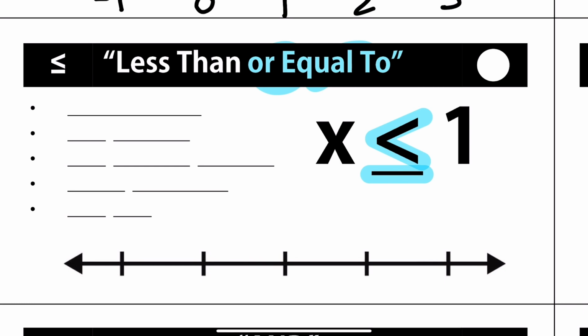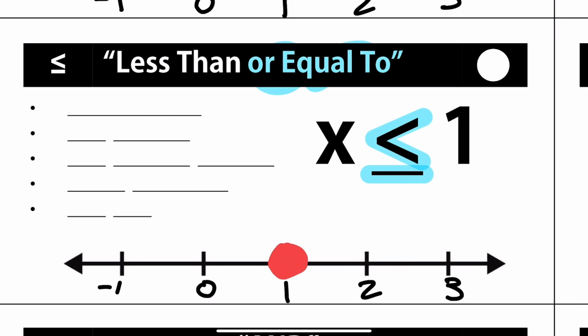These are also going to be very similar when you graph them. So I'm going to start at 1. The smaller numbers are going to go to the left. Bigger numbers are going to go to the right. And then you need a circle. Like I said before, this circle is different. This circle is filled in, and that's because of this or equal to line. So let's fill it in.